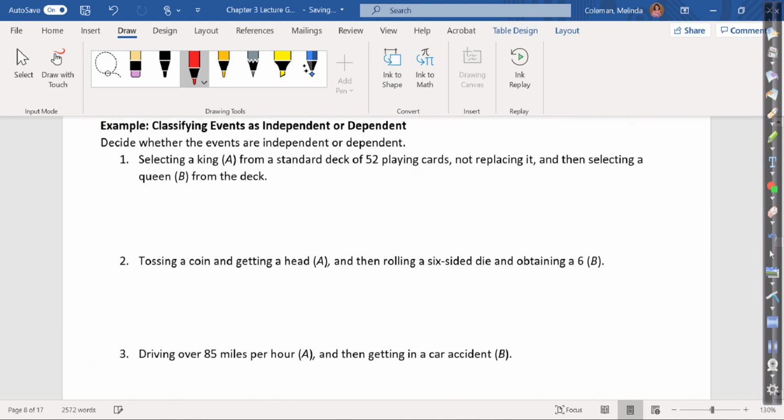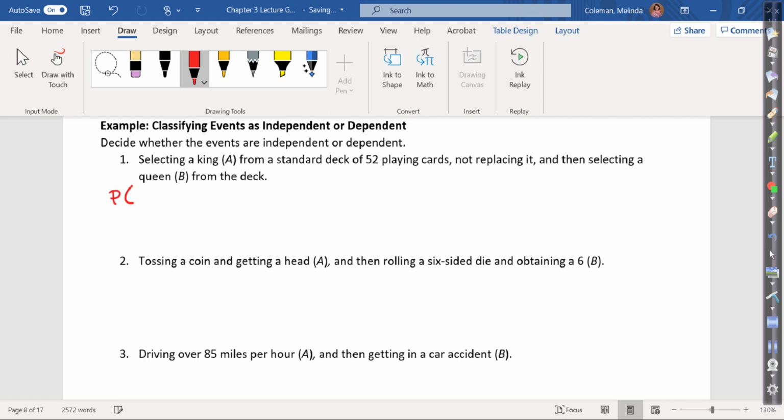All right, so classifying them as independent or dependent. Selecting a king from a standard deck of 52 playing cards, not replacing it, and then selecting a queen from the deck. So we can do this mathematically, which is nice.